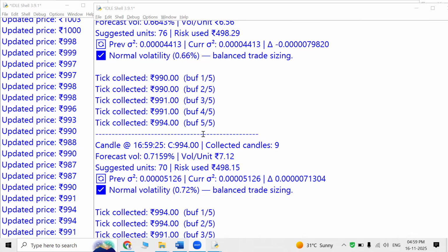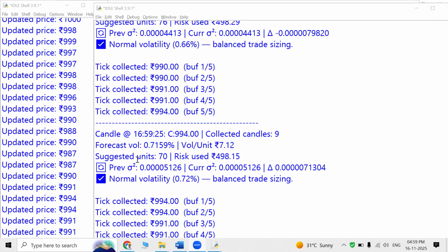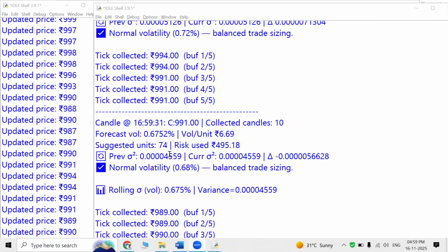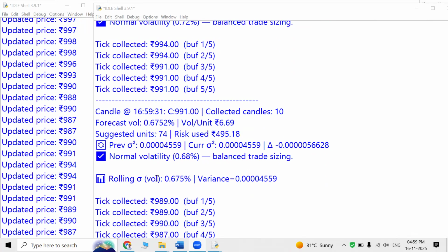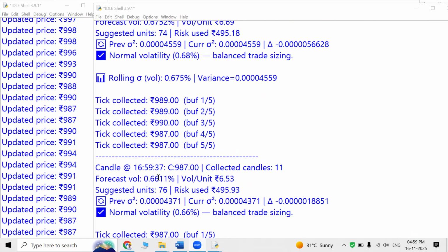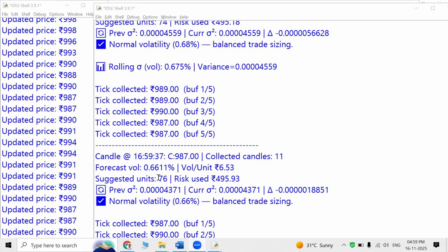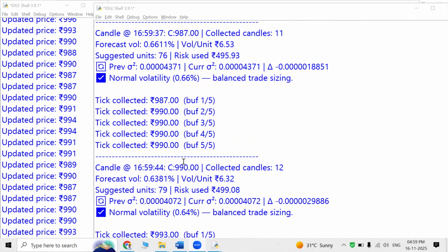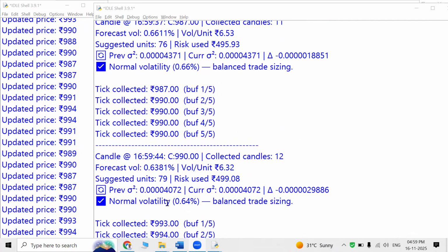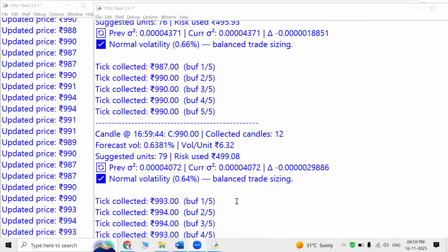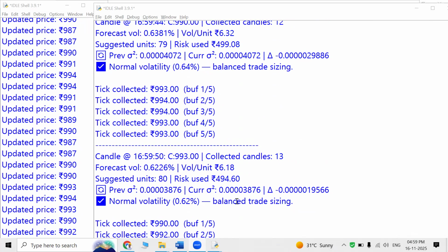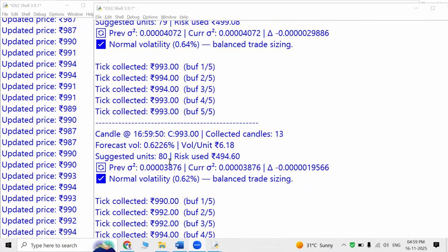Still we are in the warm-up phase and it's continuously suggesting how much trade to take. Okay, variance is taken from the previous value and continuous calculation is going on. The market is in a particular range. The volatility forecasted by GARCH is 0.64. If this price changes very widely, then only will this number of units change.